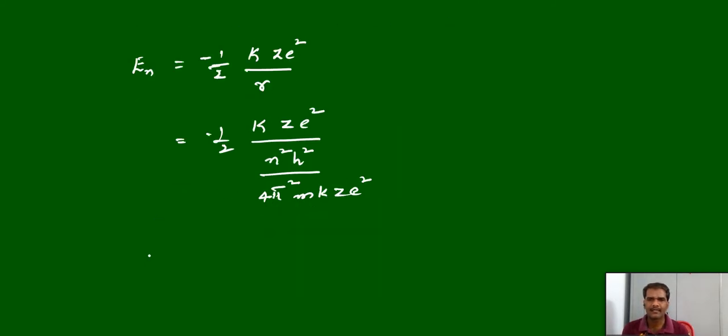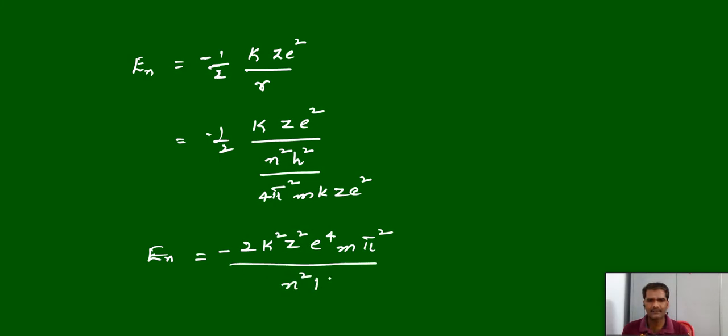Then you will get the energy value. Finally, En is equal to minus 2 K square Z square E power 4 m pi square by n square h square. This is the final equation for total energy.